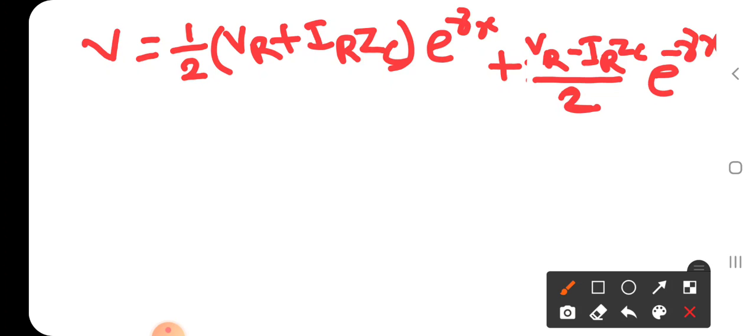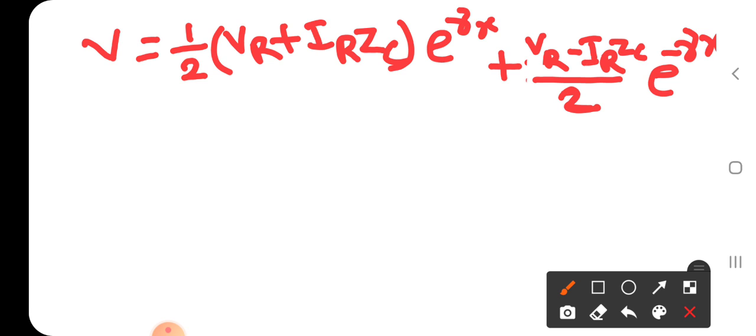We know that ZC is the characteristic impedance, which is given by square root of L by C for a lossless transmission line, and gamma is equal to square root of YZ.